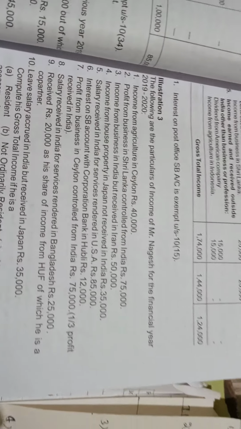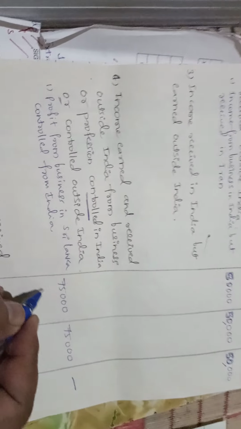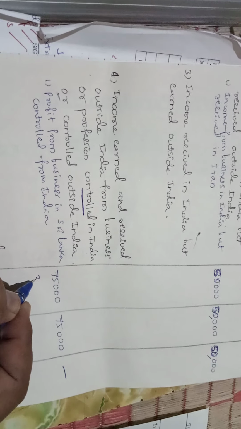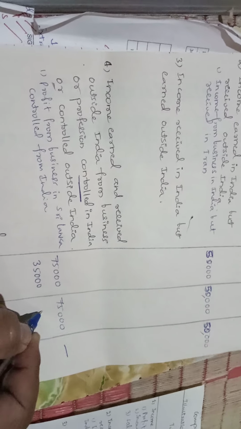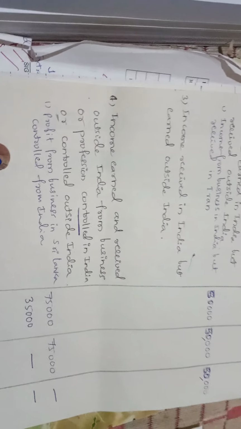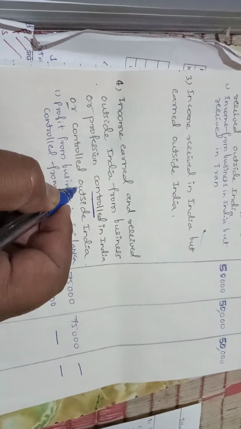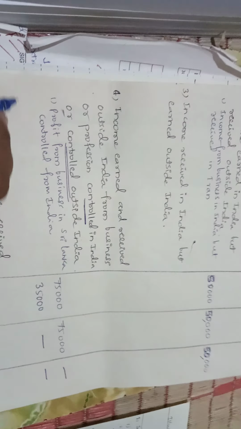That is why the amount of rupees 35,000 should be shown only in the first column. The next two columns will be nil. Why? Because we have treated it as controlled outside India.